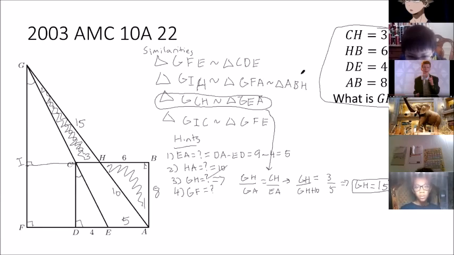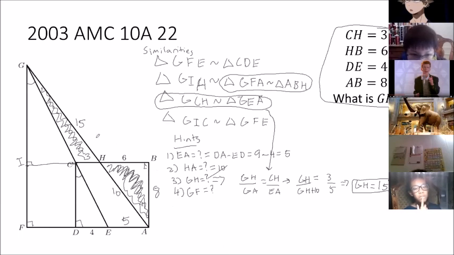So the last similarity ratio we're going to use is over here, GFA and ABH. That is the biggest right triangle, and this black right triangle over here. Those two triangles are actually similar.